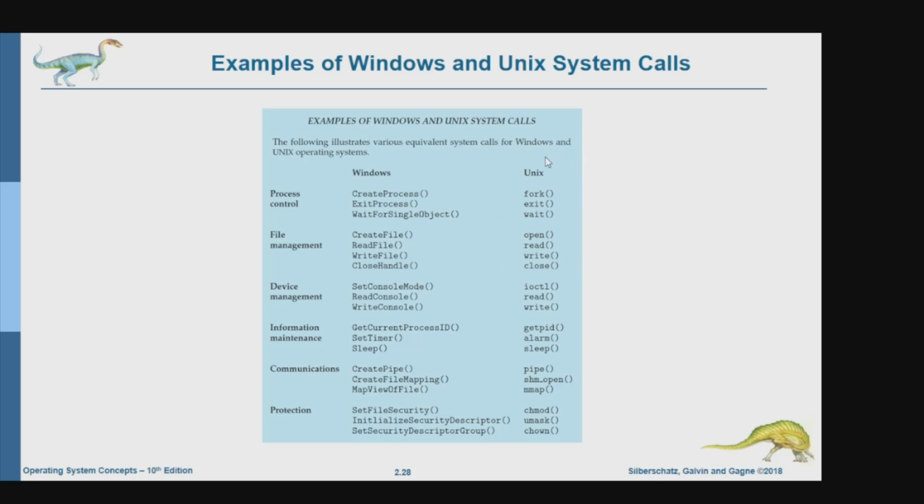This one is simpler compared to the Windows functions. For file management, we have CreateFile, ReadFile, WriteFile, CloseHandle, and in Unix open, read, write, close. Very simple and easy to understand. For device management, we have SetConsoleMode, ReadConsole, WriteConsole, and here read, write.